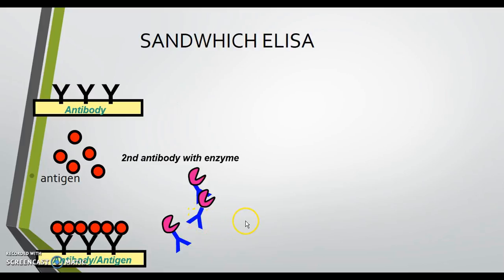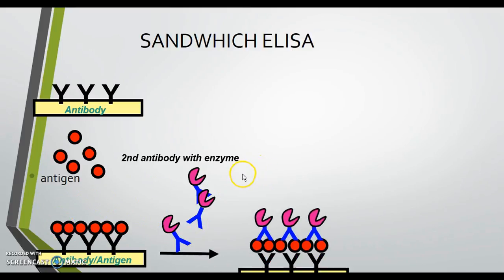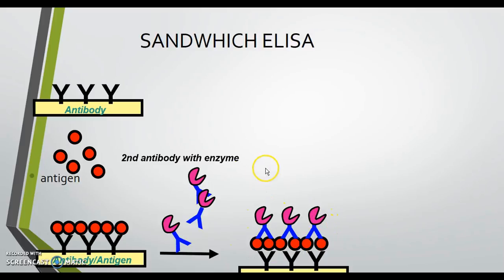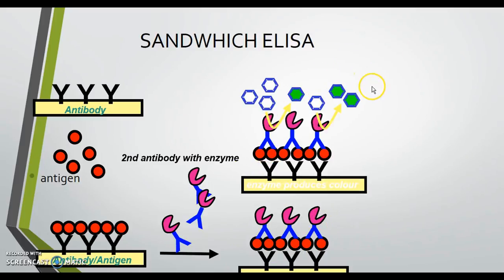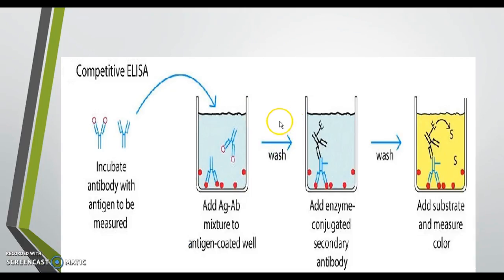The secondary antibody will then be bound to this complex, and after adding substrate, products will form and the color is going to change. And finally, the competitive ELISA.